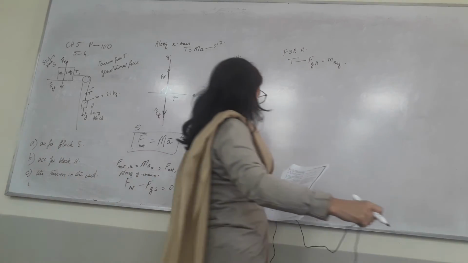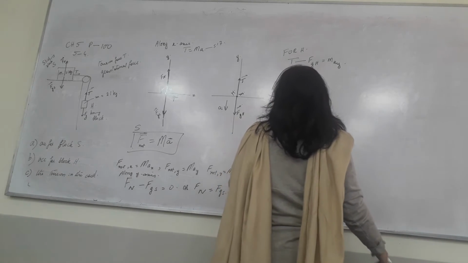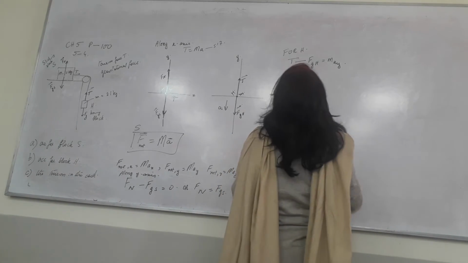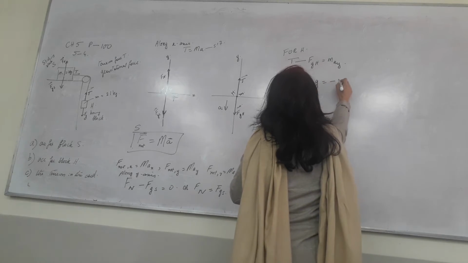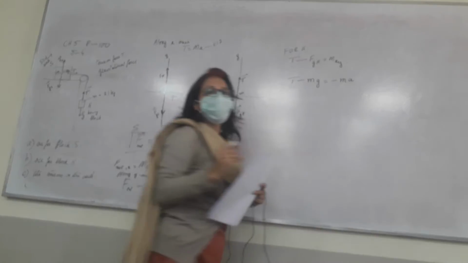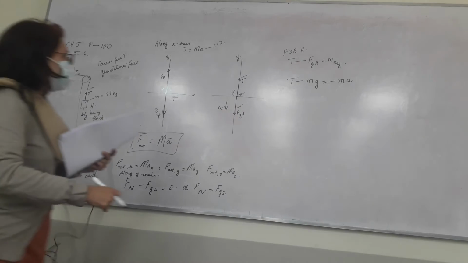Now we know that when a body is moving vertically, T minus mg is equal to minus ma. The minus sign with the a comes because it is going in the negative y direction. So, this is equation 5.18.